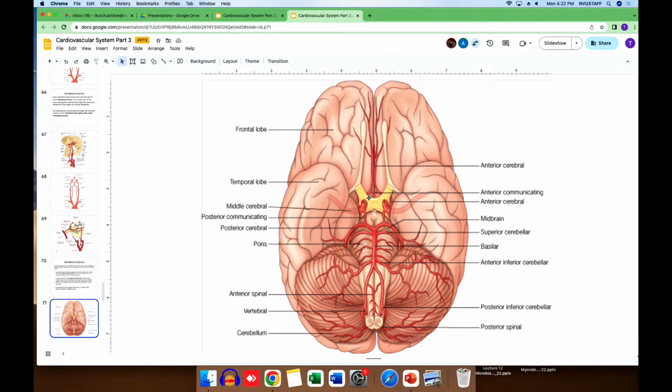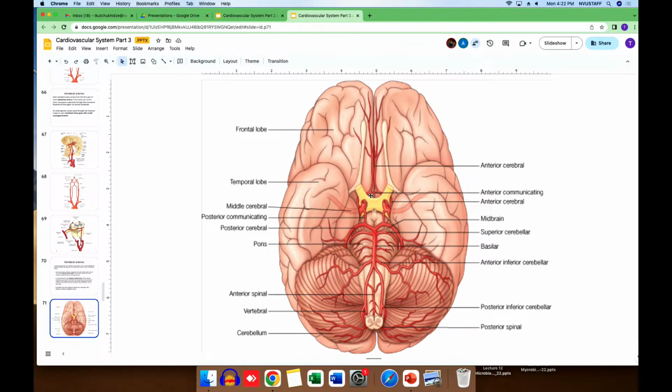As you see my mouse moving, our anterior communicating artery connects the left and right anterior cerebral arteries to each other, right? So here we have the left and right side, for example, and the anterior one collaborates between the two of them.